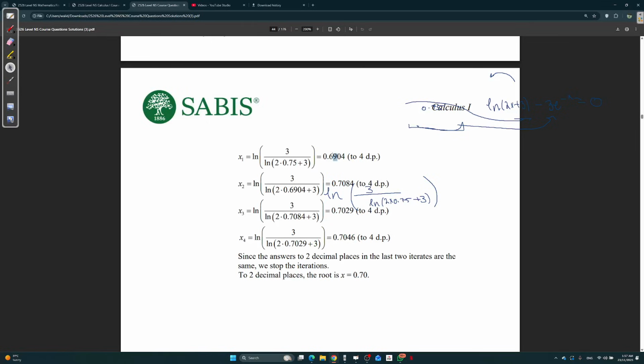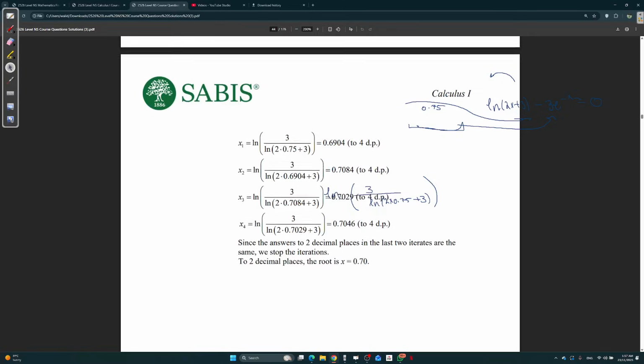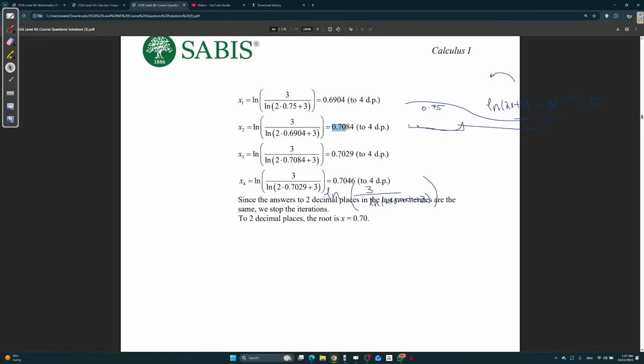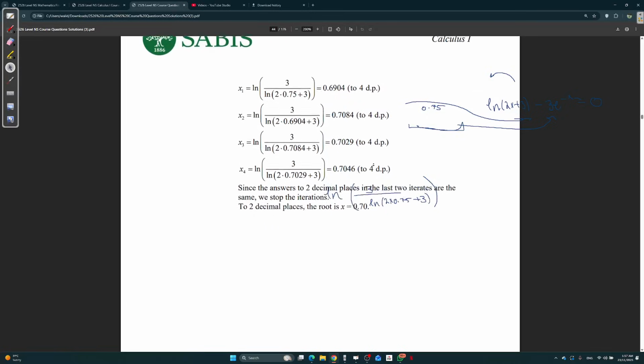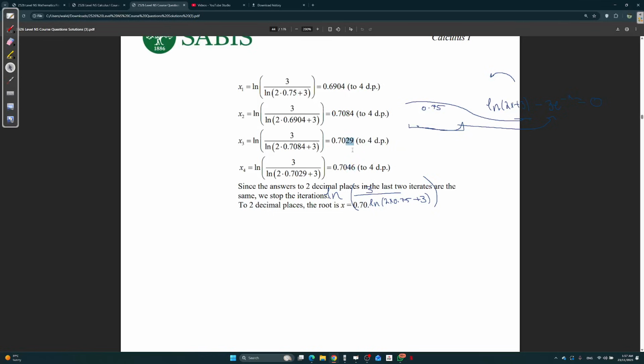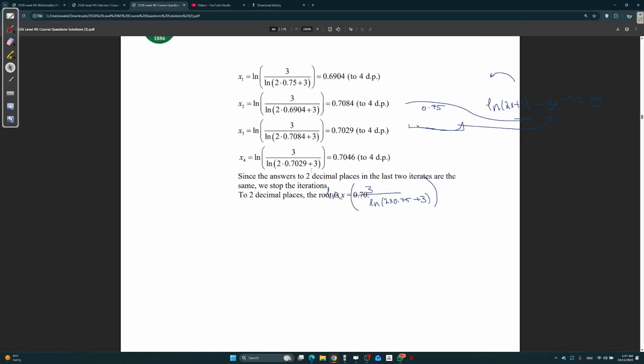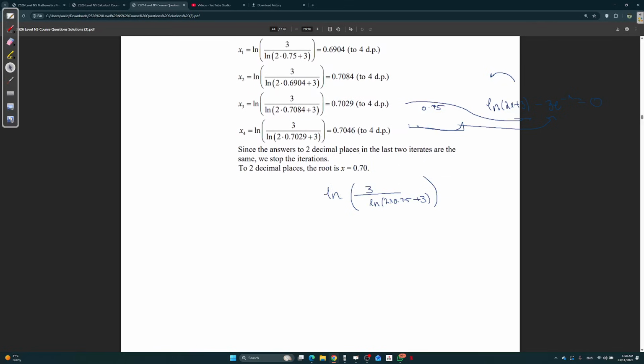You start to see that these three are almost the same, until here they're pretty much the exact same, about 0.001 off. So you stop there, and to two decimal places it's going to be 0.70.